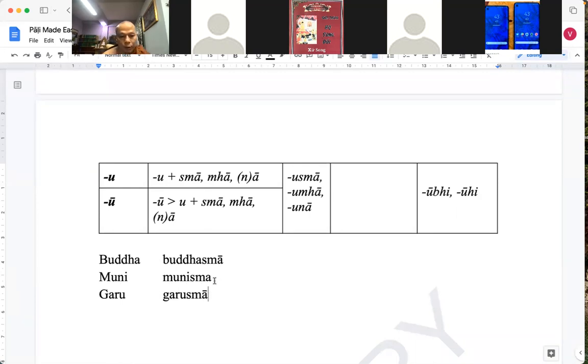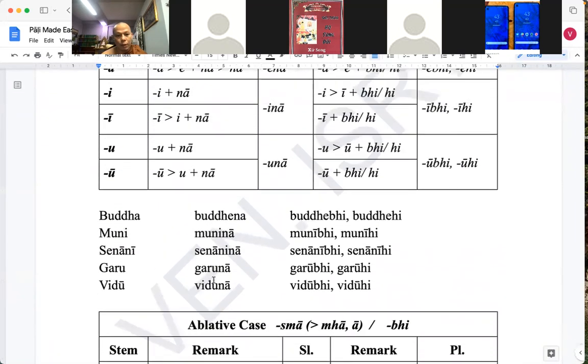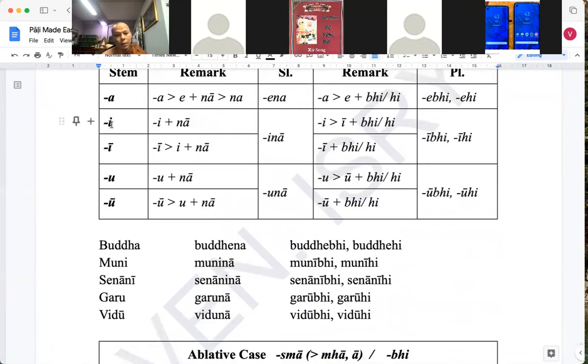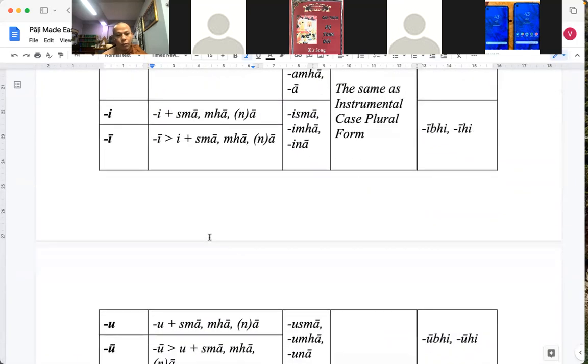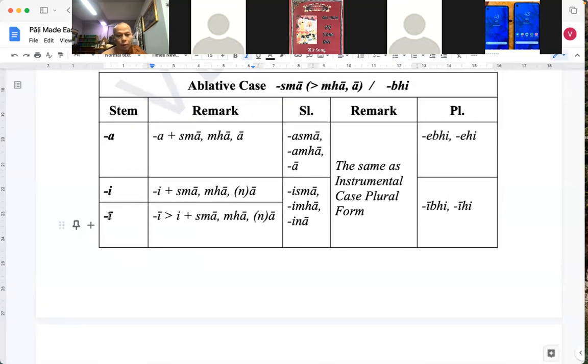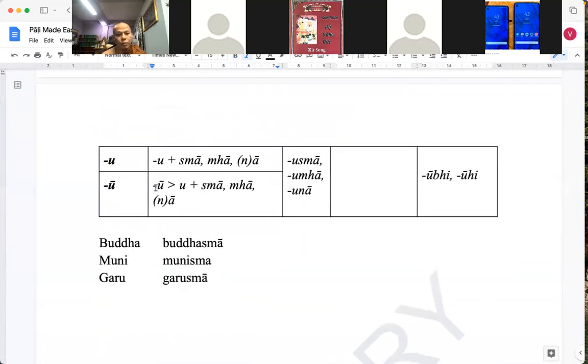But for the long ones, that is also the same as the instrumental case. Before the singular sign, a long vowel becomes short, I to i, U to u. Here also, the long vowel becomes short before the singular sign.